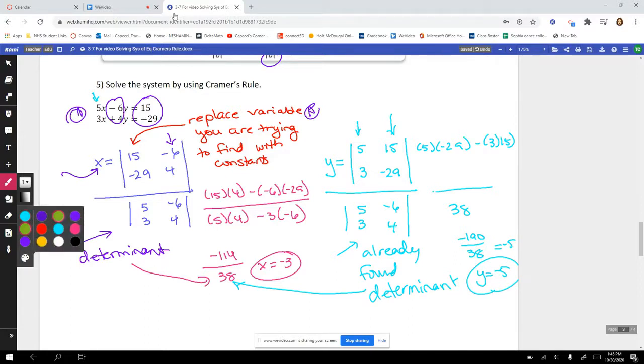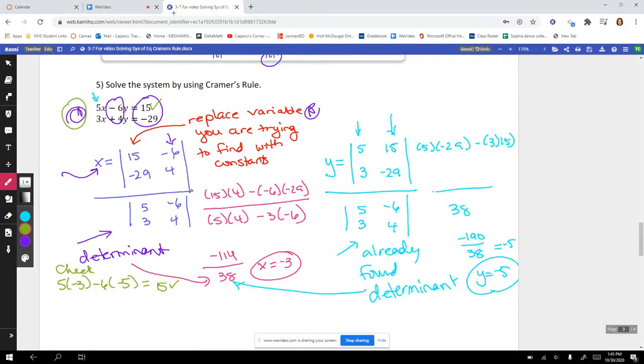Now, just like you did when you're solving systems using substitution or elimination, we can check it. So let's go back to our original problems at the top there. I have 5 times -3 minus 6 times -5. So this is our check step. And that gives me +15, which is true. That's what we want.